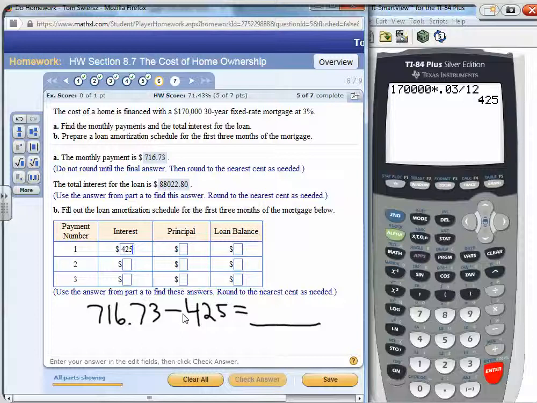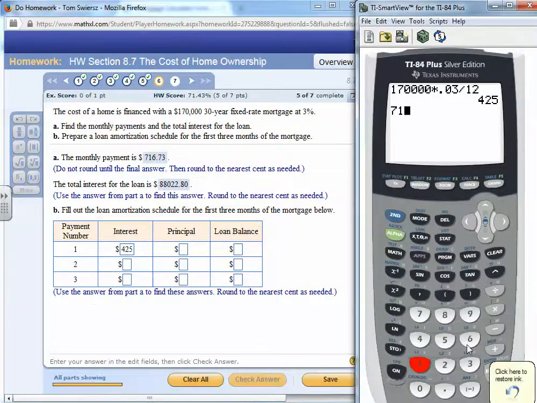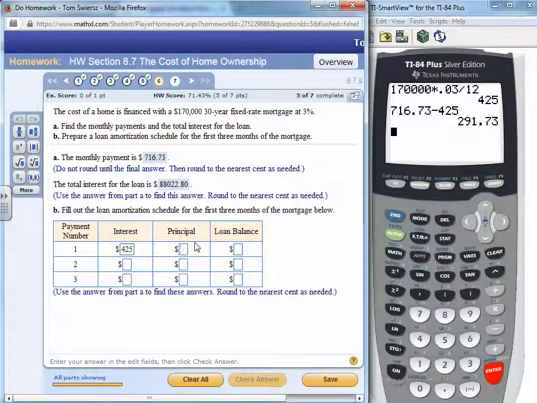Each payment is always $716.73, minus the interest. What's left is towards the principal, so $291.73.